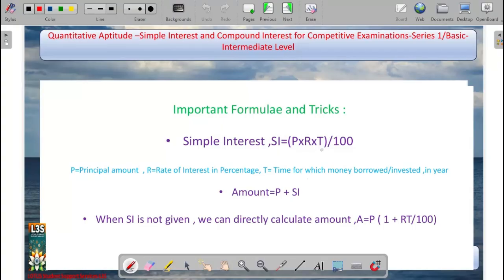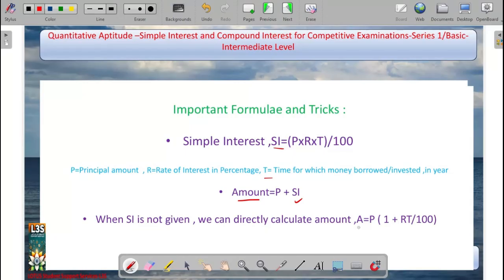Then we will get the simple interest here, and if we add principal amount plus simple interest, then we will get the amount after a period of 3 years. So amount will be P plus SI. Now another important formula is, sometimes simple interest will not be given.